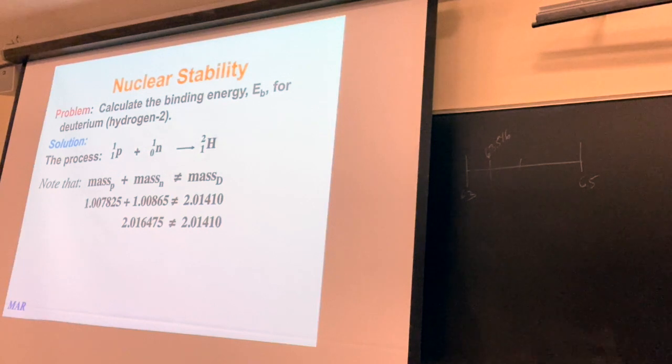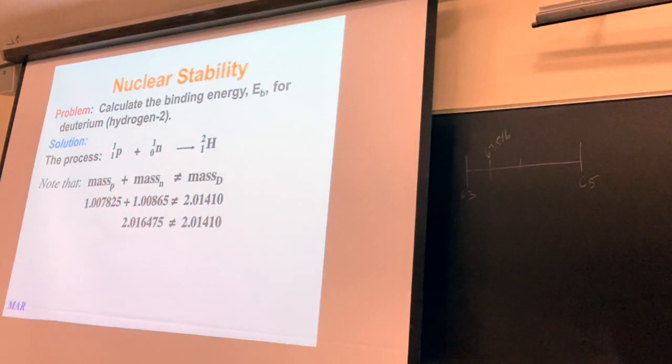Now, if you look at the mass of a proton and the mass of a neutron and you add them together, and these are things you can use the all-powerful Google for, it's not the same as the mass of a deuterium, all right? Deuterium 2.014 is not the same as 2.016.